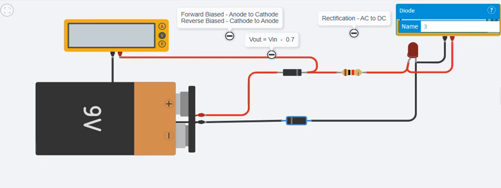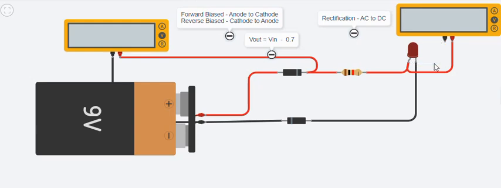Now let's also check how much voltage is passing through the resistor. The resistor's responsibility is to reduce voltage. Let's see how much voltage is passing through that.